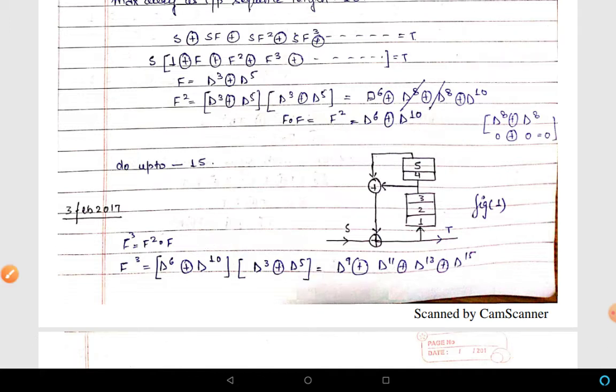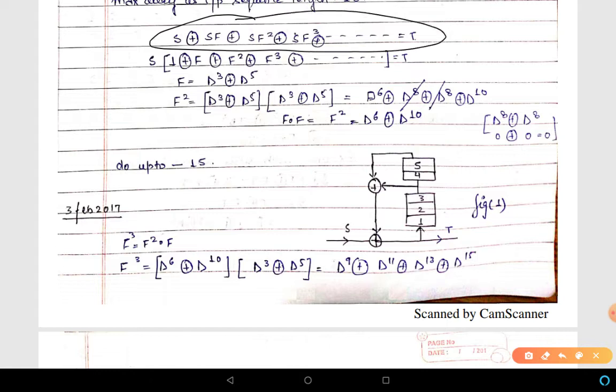In other words, this is what is shown here. So your t from this particular Scrambler design is s XORed with sf XORed with sf square, because sf will come as the input, it will become sf square, where f is this, and then it will become sf cube, and so on. It will keep going till we get t.